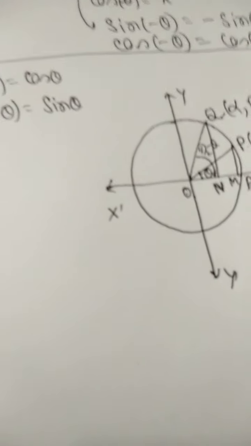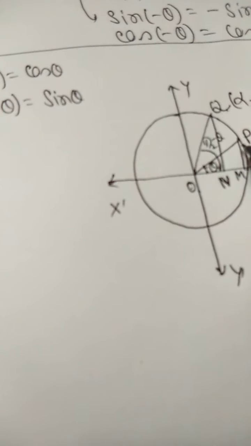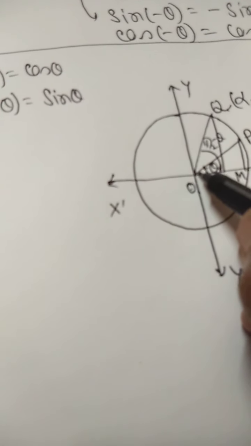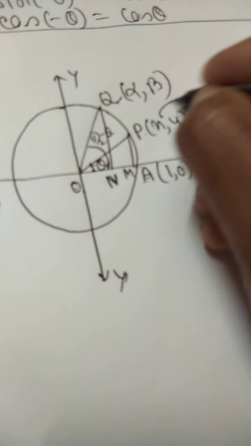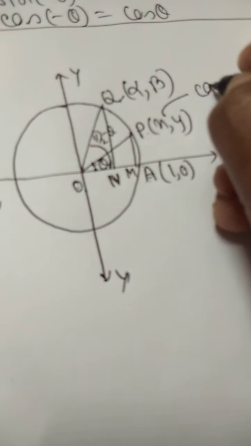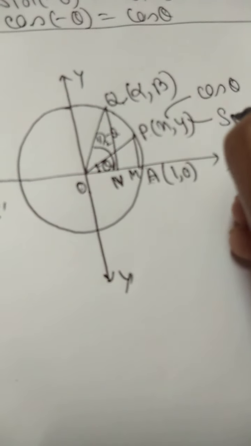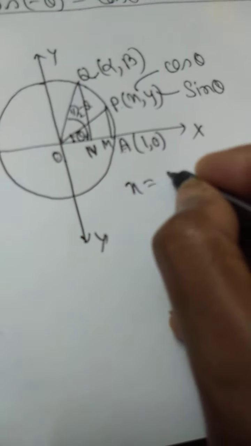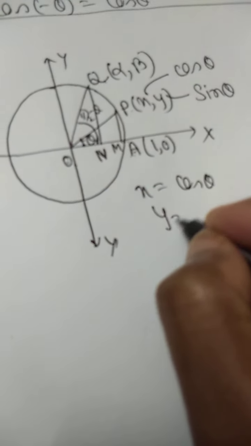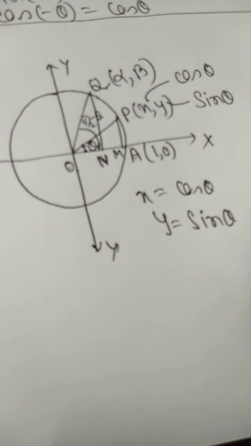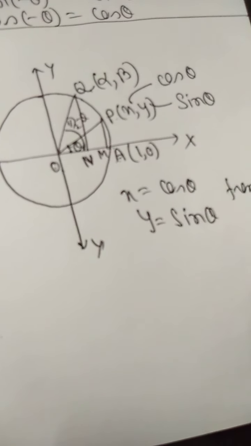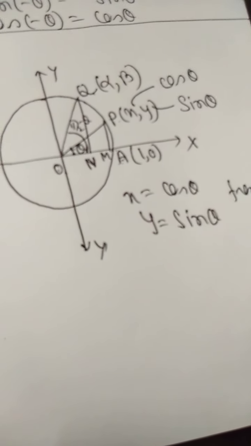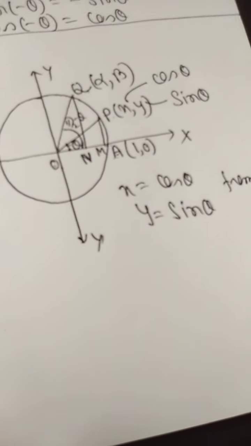Now you see here, since the arc AP makes an angle theta with the positive direction of x-axis, what is x? x is nothing but cos of theta, and similarly y is nothing but sine of theta. Let me write here, x is cos of theta and y is sine of theta, from triangle POM, also you can write AOP.